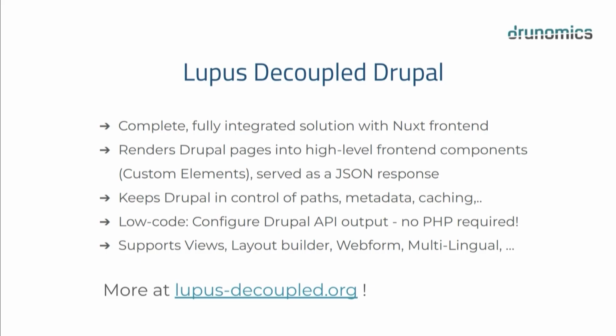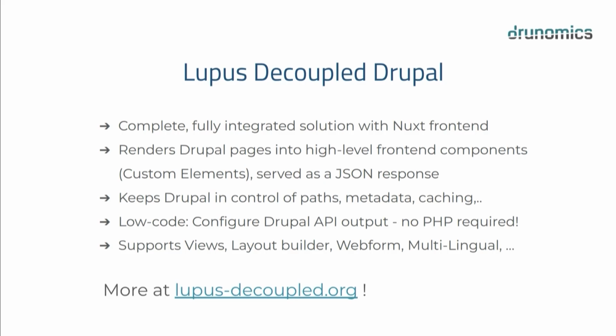And the way it works is basically that it renders every Drupal page just in a JSON response. So for every Drupal route, like if you would do /blog with a view, you can basically then get a JSON response of that route, served in an array of high-level frontend components, which in our case are the custom elements.